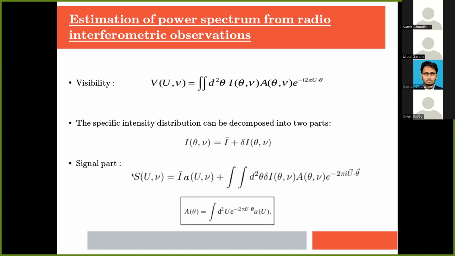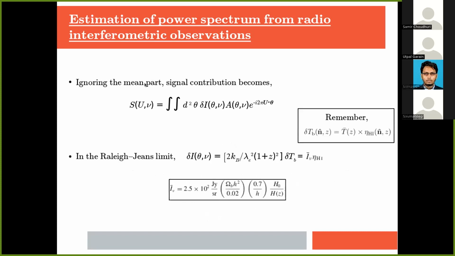And most baselines that we consider for our studies are larger than this diameter by lambda length. So for our studies, this factor becomes negligible, or we can ignore this term. And for us, the signal part of the visibility only picks up this fluctuation of the brightness temperature, or specific intensity, in the sky.